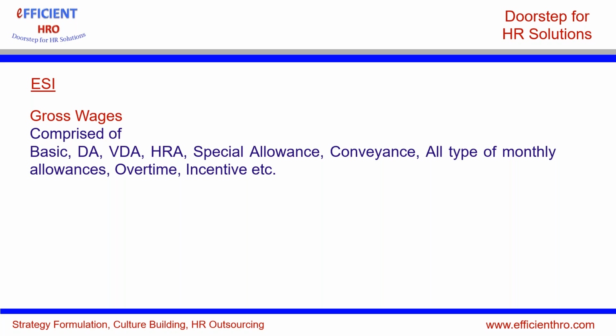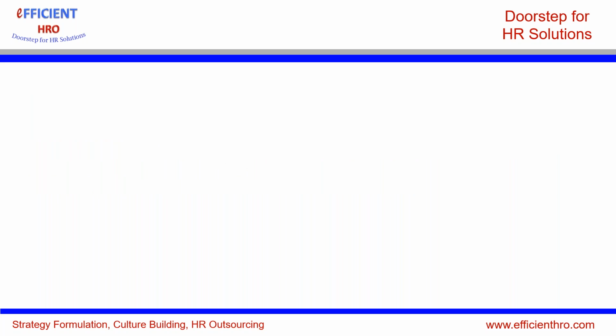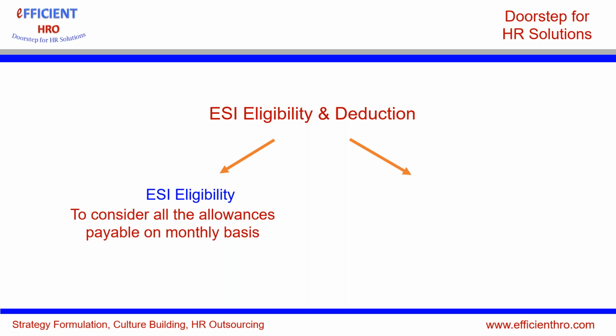Any allowance which is paid as a fixed allowance on a monthly basis every month will be considered part of gross wages, except washing allowance, meal reimbursements or any kind of reimbursements, which are never considered under the gross wages definition. Now, ESI eligibility and deduction. This is a very important thing when it comes to ESI eligibility.